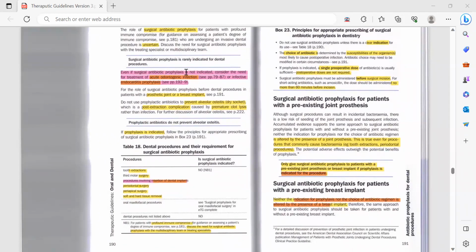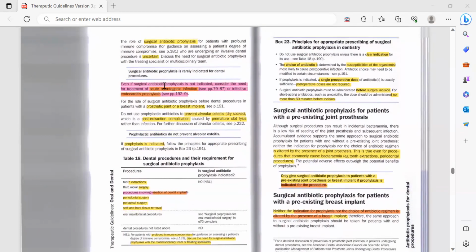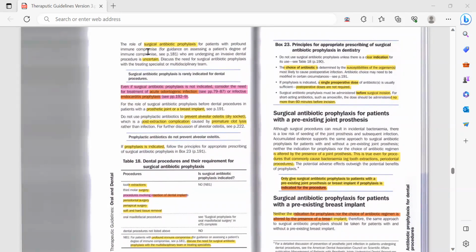Even if surgical antibiotic prophylaxis is not indicated, consider the need for treatment of acute odontogenic infection or infective endocarditis. Look, so it is very thorough. Like for here, this is a table where they have given like these are the procedures, and these are the things that do you need to prescribe the surgical antibiotic prophylaxis.